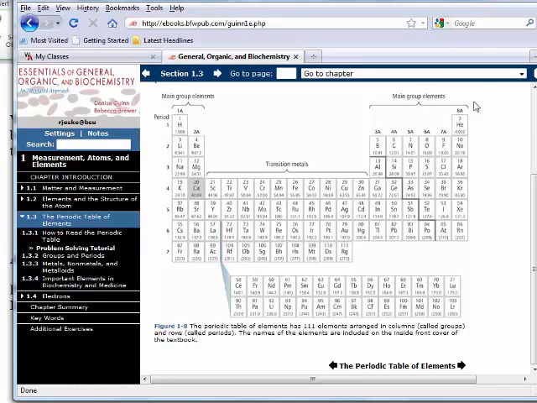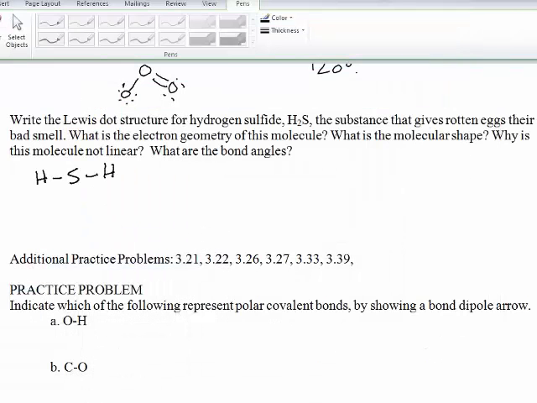So it has 6 valence electrons plus 1 electron from each hydrogen, which gives us a total of 8 electrons in the molecule. So we need to draw 4 more. I already have 4 in the bonds. I need to put 4 more on. And remember that hydrogen will never get a lone pair or a second bond. So we have these bonds, hydrogens are satisfied. The only place for the 4 remaining electrons to go is on the sulfur.